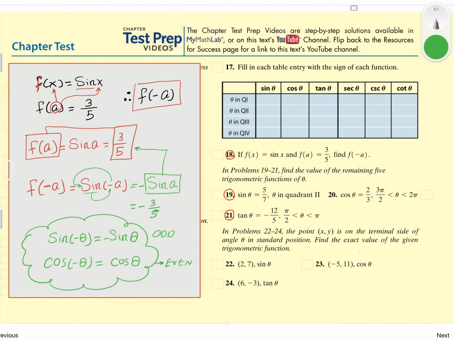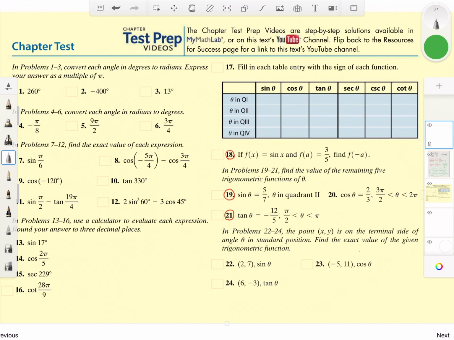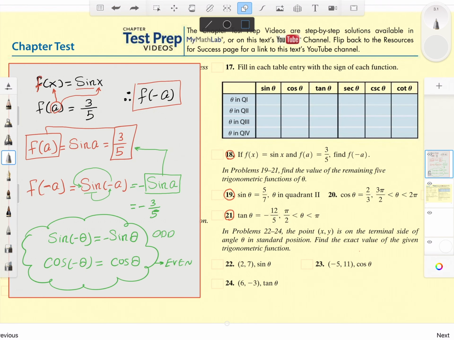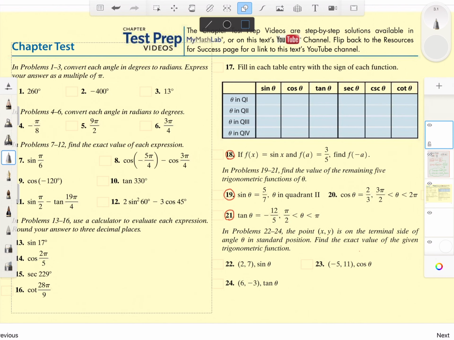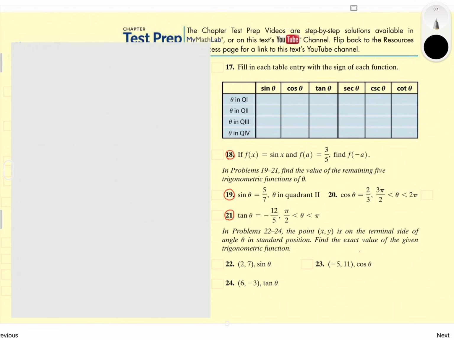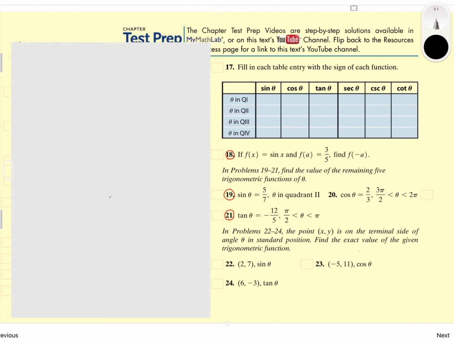All right. Let's go for number 19. Given is sine of theta equal to 5 over 7, and we also know theta is in quadrant 2.